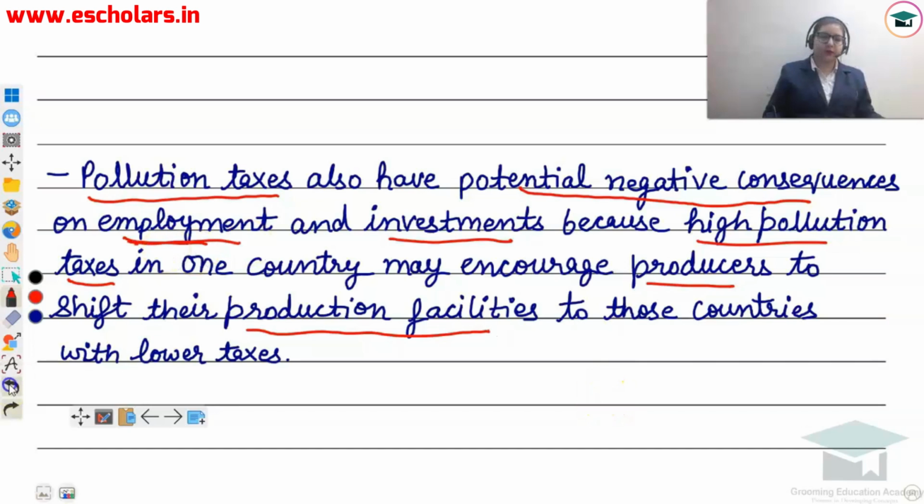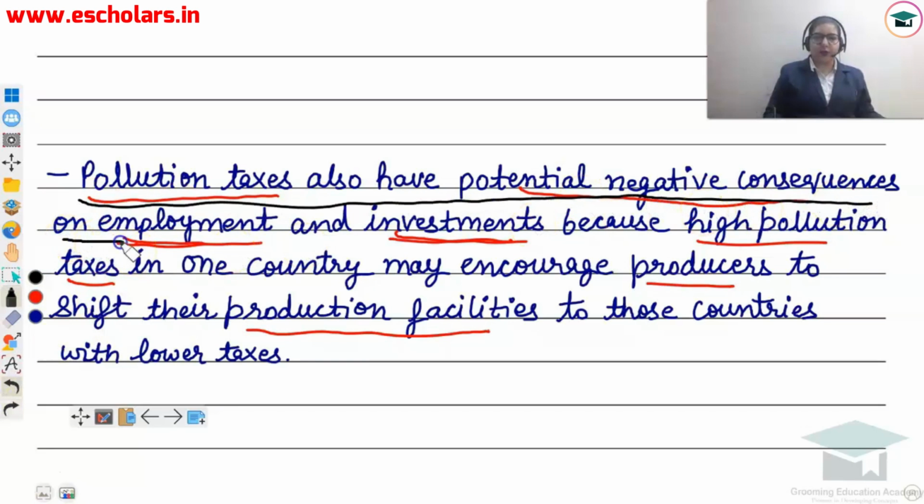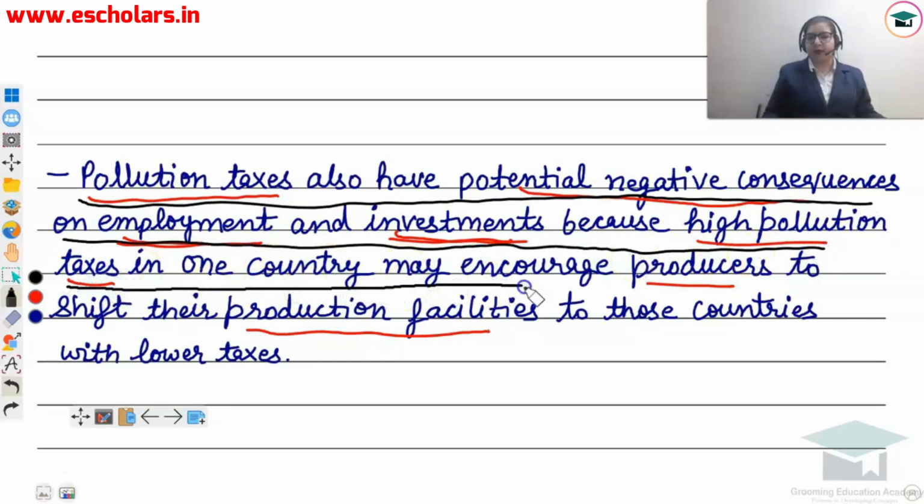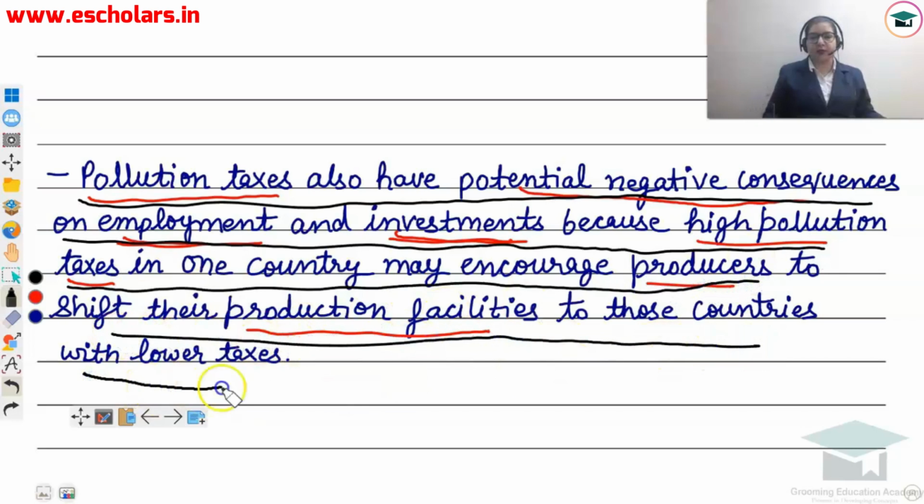So it will reduce the employment and investment in the countries with high pollution taxes. So let's recall it. Pollution taxes also have potential negative consequences on employment and investment, because high pollution taxes in one country may encourage producers to shift their production facilities to those countries with lower taxes.